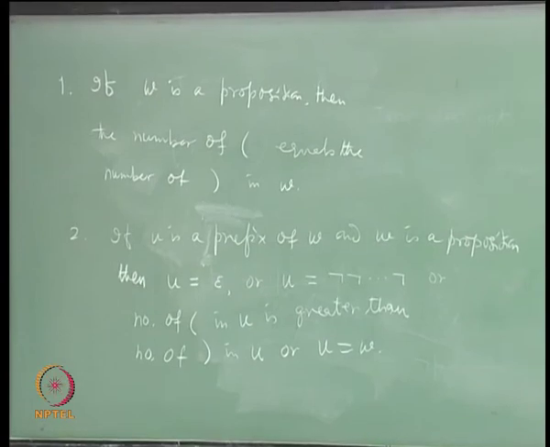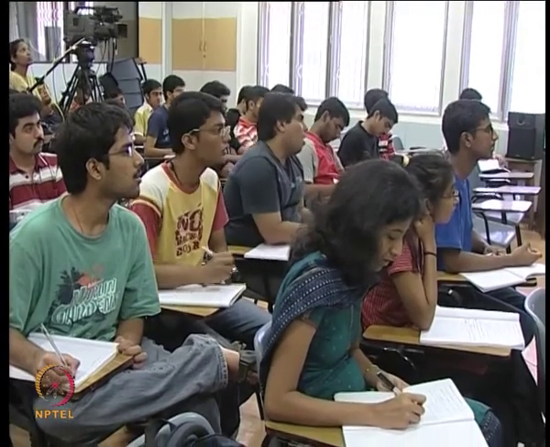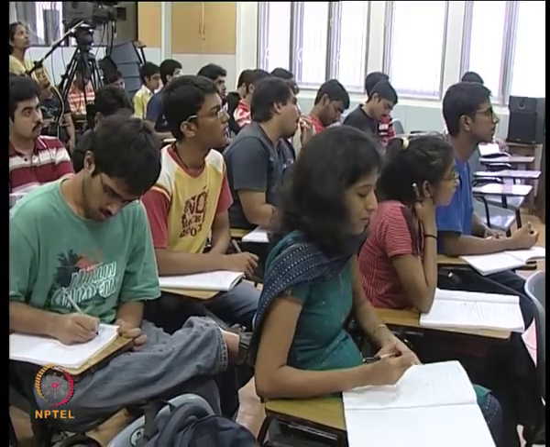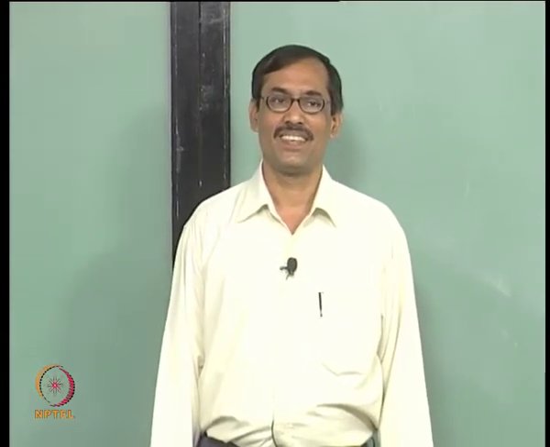In fact, this last property can be formulated in a different way. You can just say that if u and W are both propositions and u is a prefix of W, then u has to be equal to W. It is slightly cryptic. Okay.